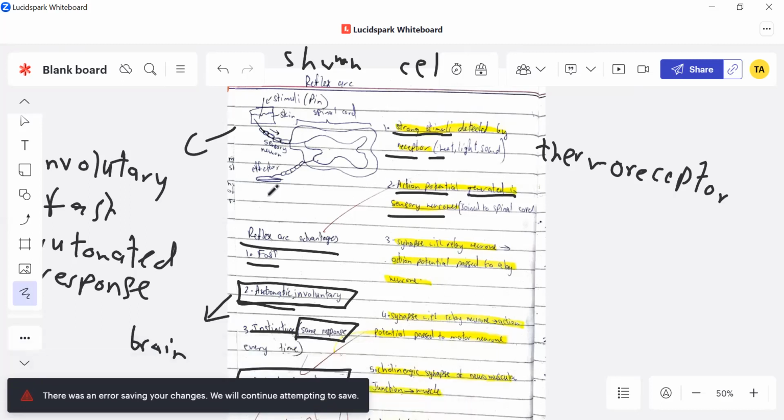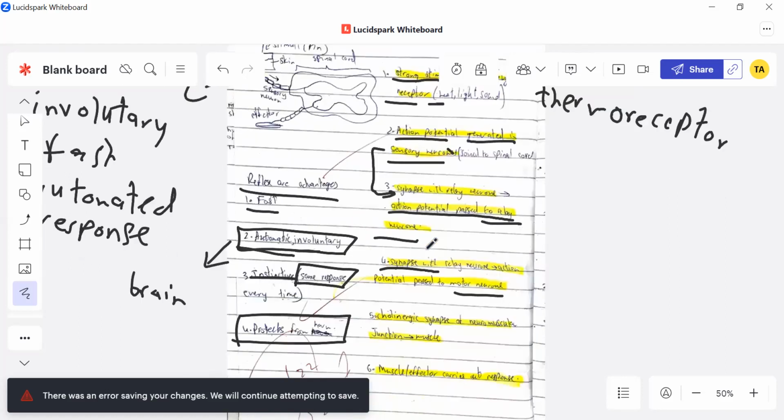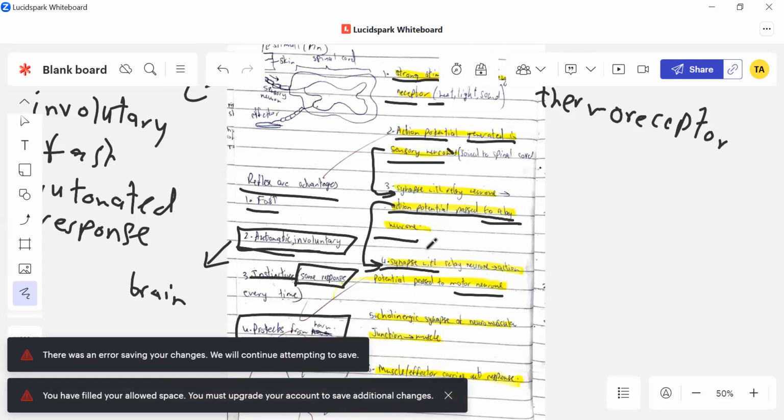neurons. This sensory neuron has a synapse with a relay neuron, and the action potential is then passed to the relay neuron. This relay neuron has a synapse with a motor neuron, which means the action potential can be passed on from the relay neuron to the motor neuron.